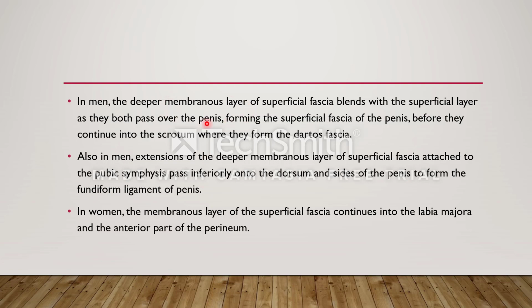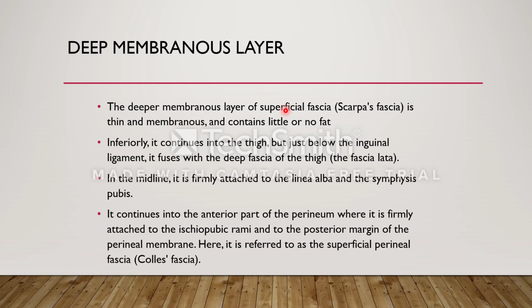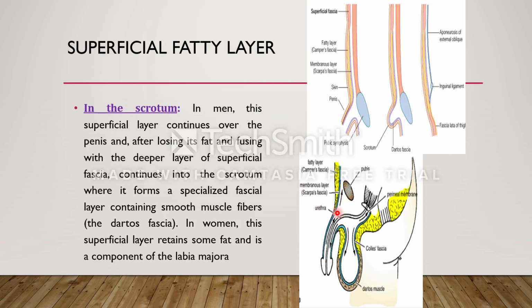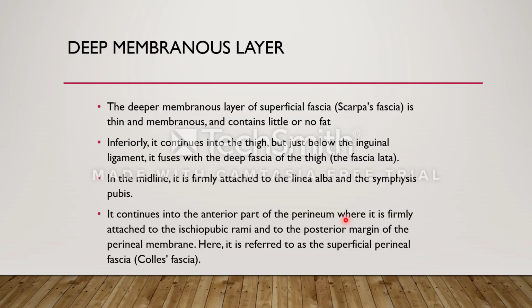That is, when this deep membranous layer comes to the penis, it forms the fundiform ligament. Here, this is the fundiform ligament of the penis. The fundiform ligament will connect the penis to the pubic symphysis.